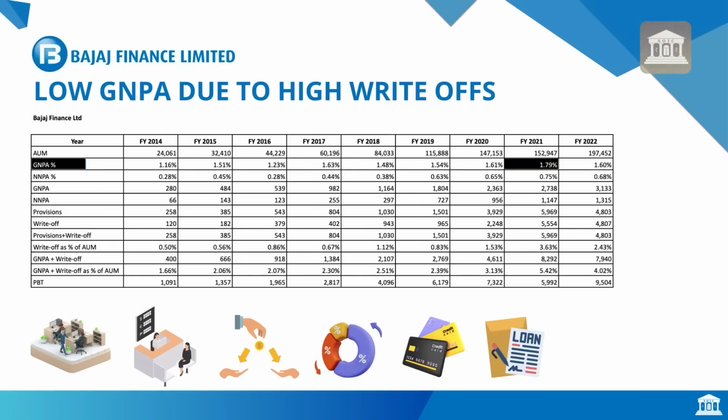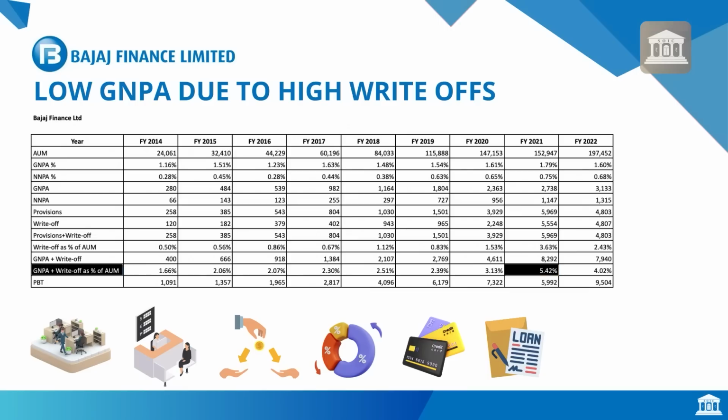Whereas throughout the decade, the GNPAs, that is gross non-performing assets, the money that hasn't come back for 90 days, are anywhere between 1.2 to 1.5%, which is very low for a lender at an AUM of more than 2 lakh crores. If you look at write-offs plus GNPAs as a percentage of AUM, because I told you that Bajaj Finance is very aggressive in writing off loans, then you will find that in FY21, when COVID came, this percentage reached almost 5.42.